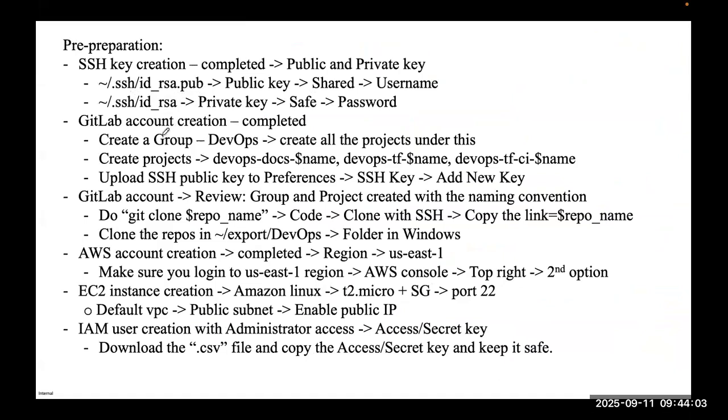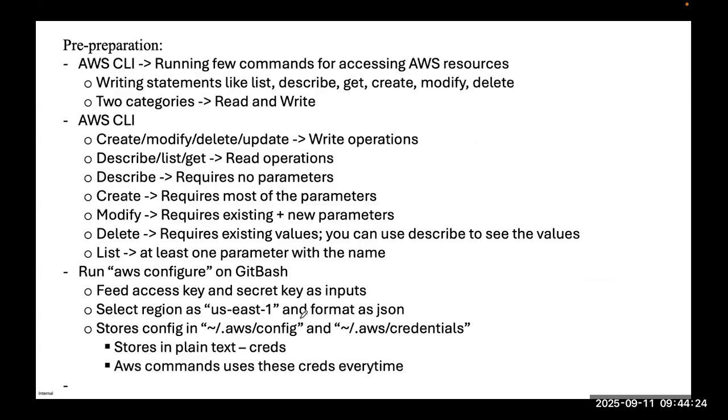See, public key, private key, creating a GitLab account, creating a project, DevOps project, all that. I'll share this slide also so that you can have a look at it. IAM user creation, access key, secret key, EC2 instance creation, T2 micro, security group, port numbers, all this.